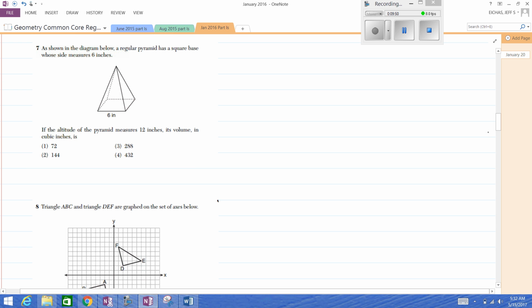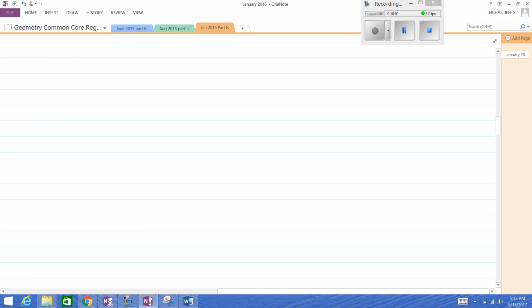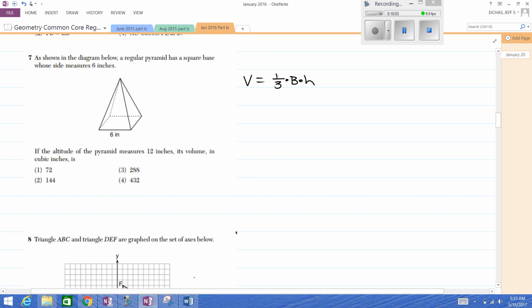All right, so nice. This is straightforward. It's a volume of a prism. So grab the formula from the formula sheet. So this part here, this B, remember this is the area of the base. And your pyramids and prisms, they have a base.